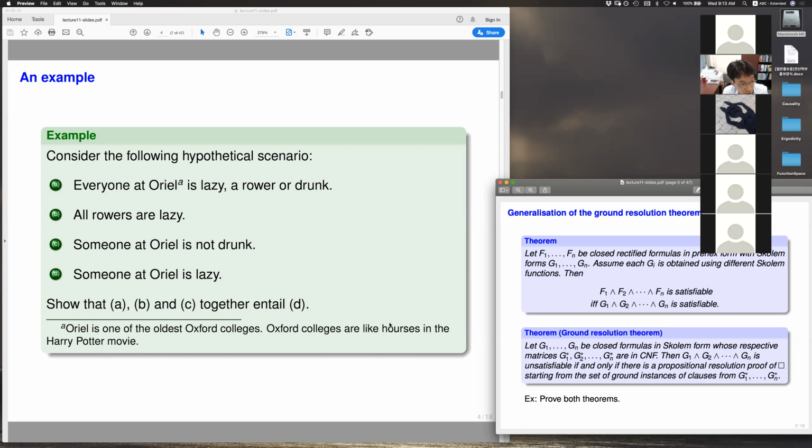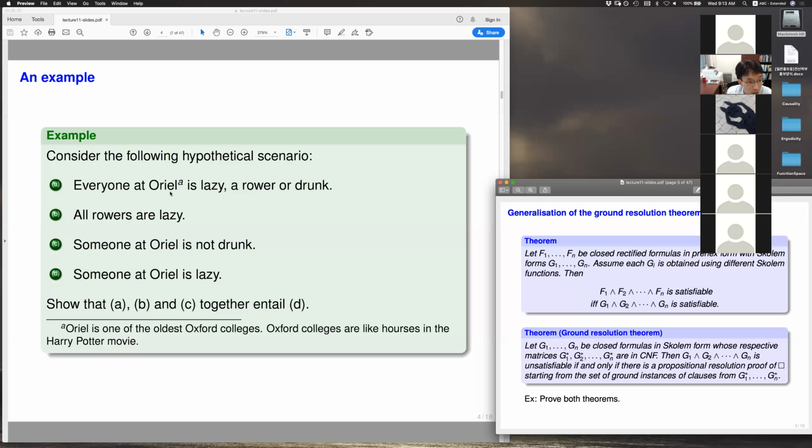In the example, Oriel is the name of a college, which is quite old. This example talks about students who are in Oriel, okay? The first statement says everyone in Oriel is either lazy, or drunk, or a rower. Another very big thing in Oxford is that there is a small river where people like to do rowing.